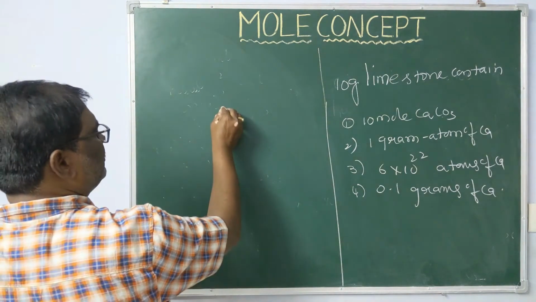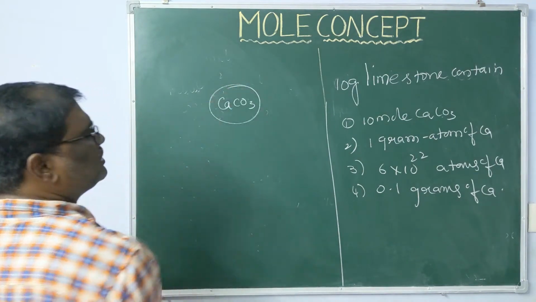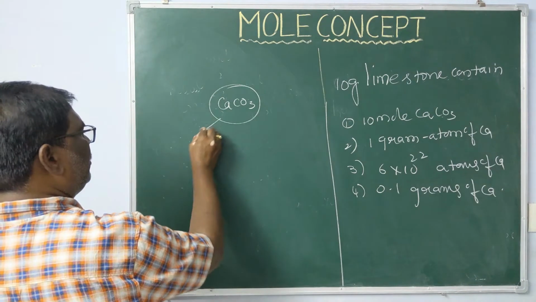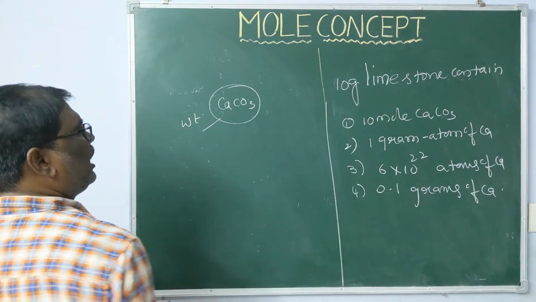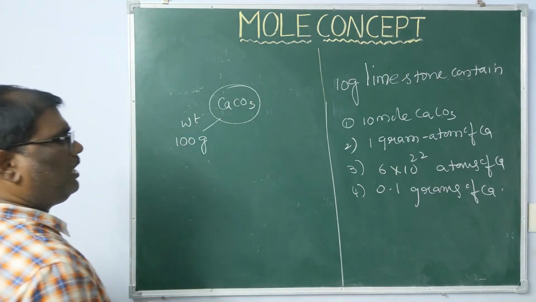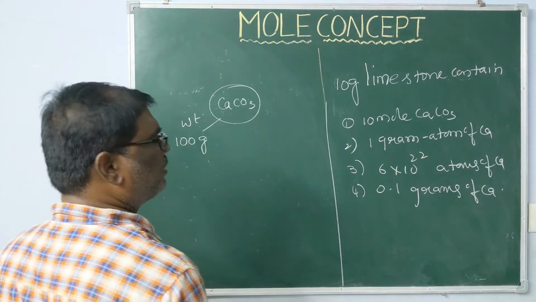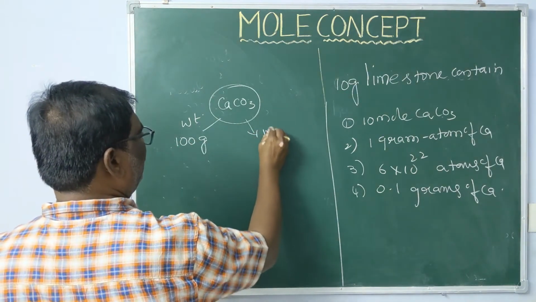Now you take limestone. Limestone formula is CaCO3. You are given weight here. What is the weight of limestone? Gram molecular weight is 100 grams. Now this 100 grams contain what? First, how many moles are there? 100 grams is 1 mole.